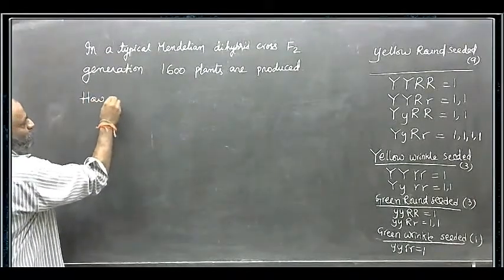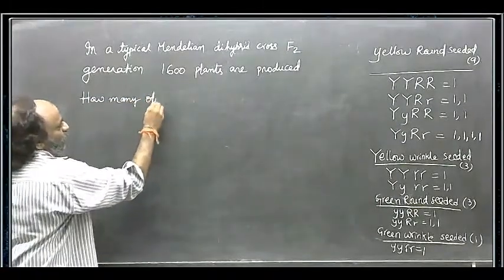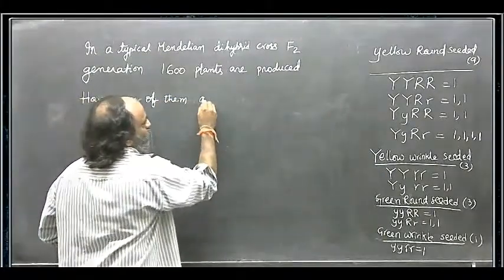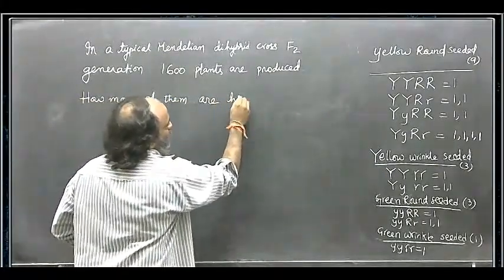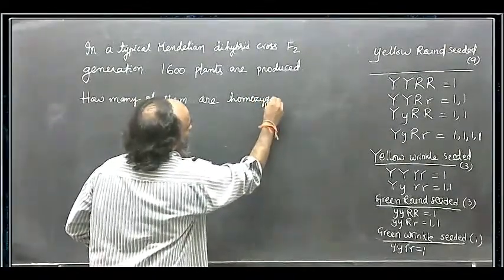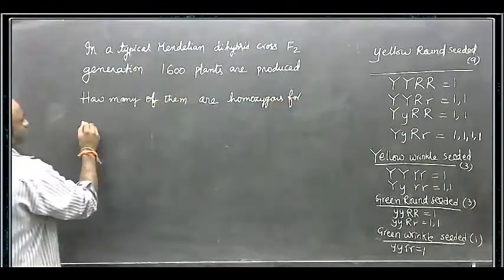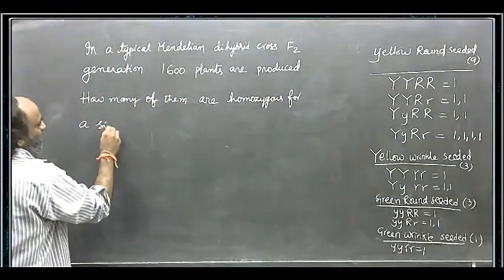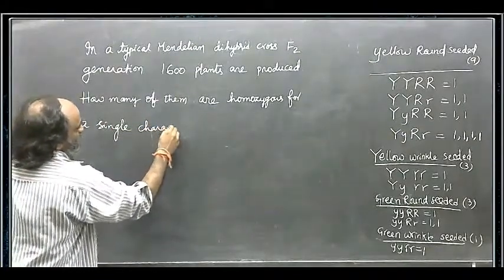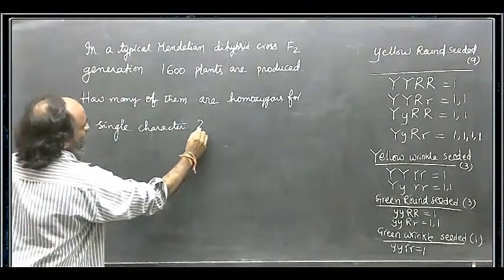How many of them are homozygous for a single character? How many of them are homozygous for a single character?